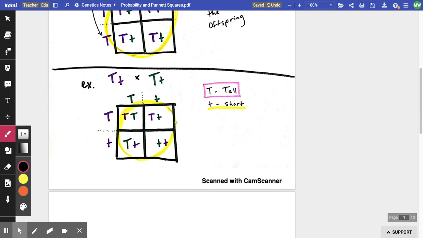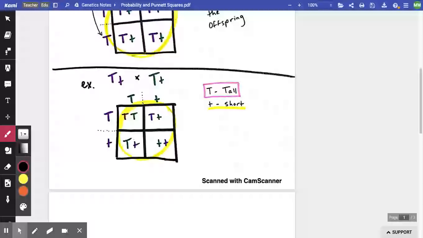In the next example here, we have parents, capital T, lowercase t, and the second parent is also capital T, lowercase t. But now we've given some traits, some phenotypes to these genotypes. So anytime there's a capital T, that indicates the genotype for tall.